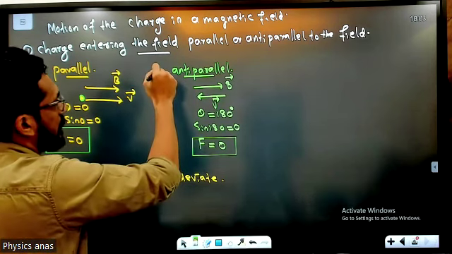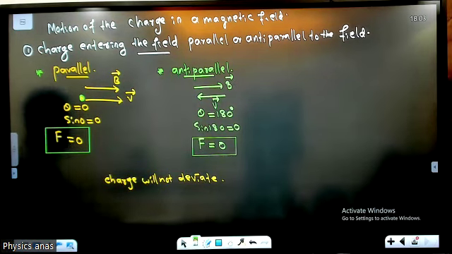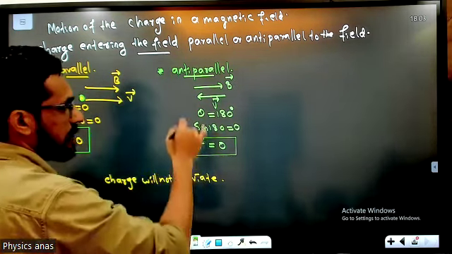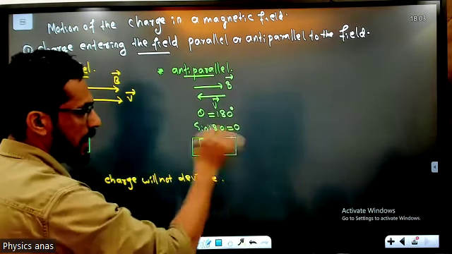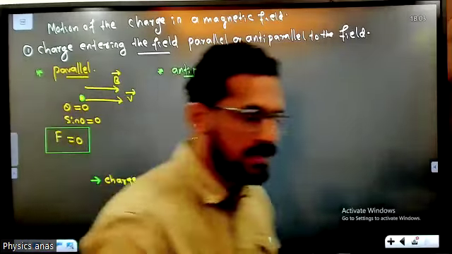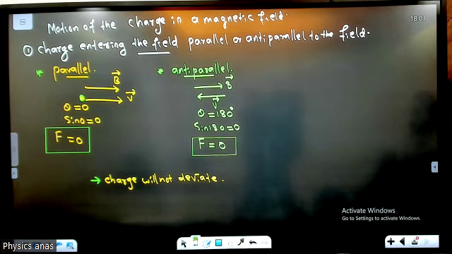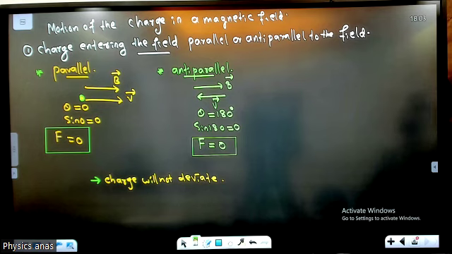Now, anti-parallel. Charge is entering the field anti-parallel to the field. So theta is equal to 180 degree, sine 180 is 0, F is equal to 0. And this is the point I will tell you to write. Charge will not deviate.